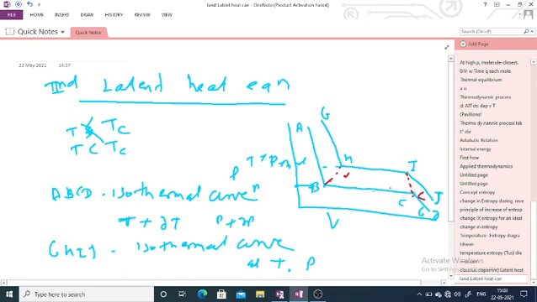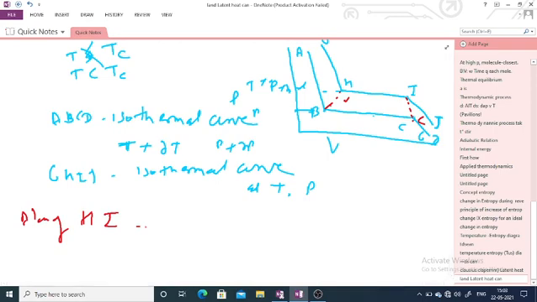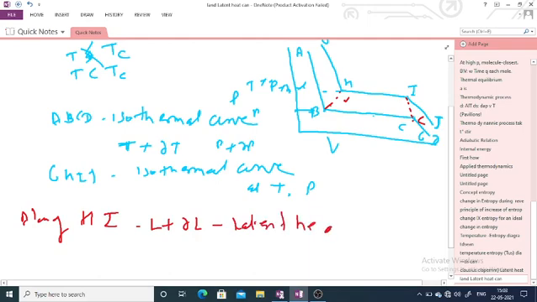So the first step is HI. Along HI there is a change in phase, a liquid to vapor state. During this process the amount of heat absorbed by the substance is the latent heat absorbed, at the temperature T plus dT.